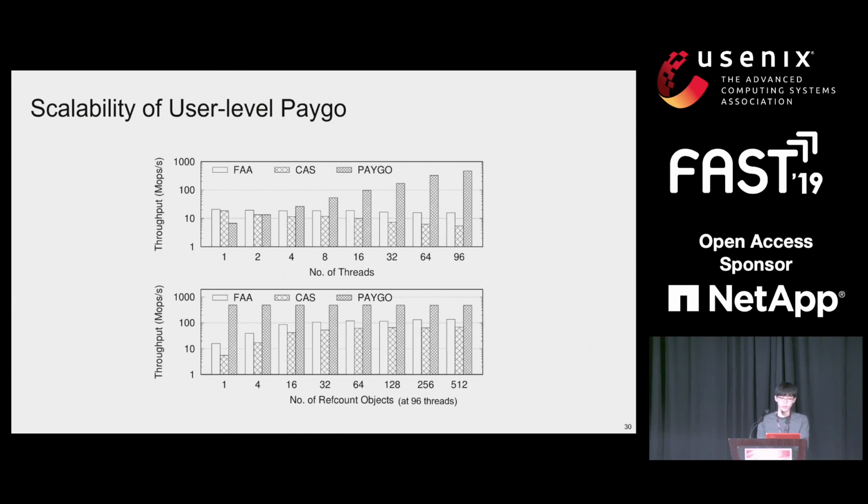The performance of the two methods either saturated or slowly degraded. Meanwhile, our user-level PayGo scaled the performance with no contention overhead, regardless of the count of objects, even though there is the mode switch overhead.